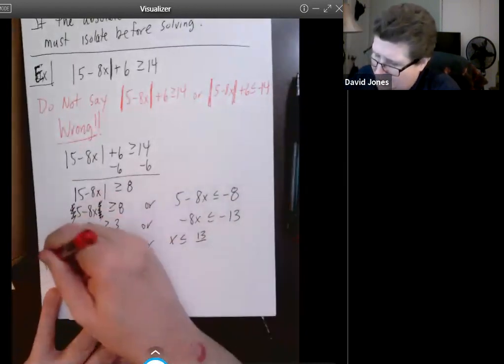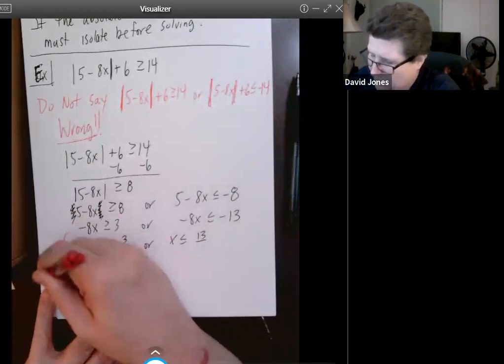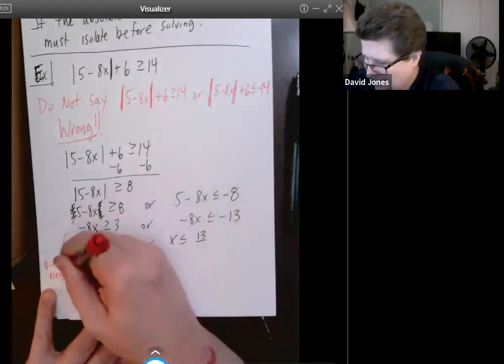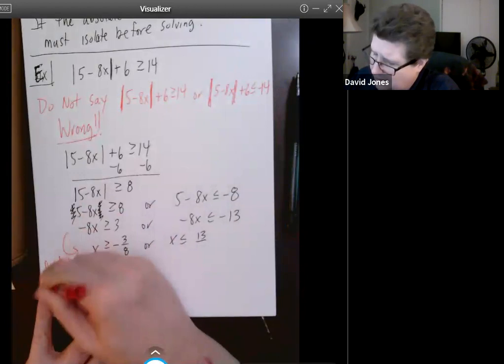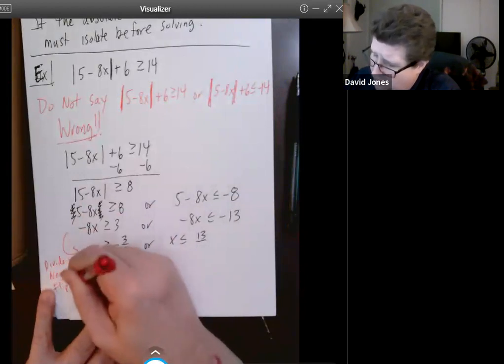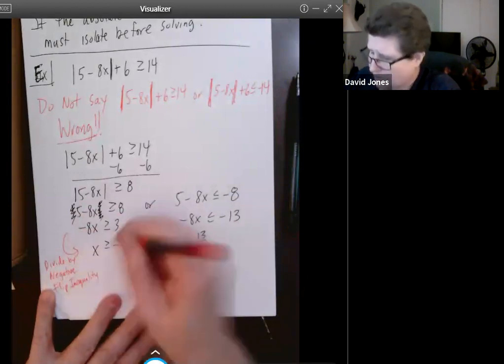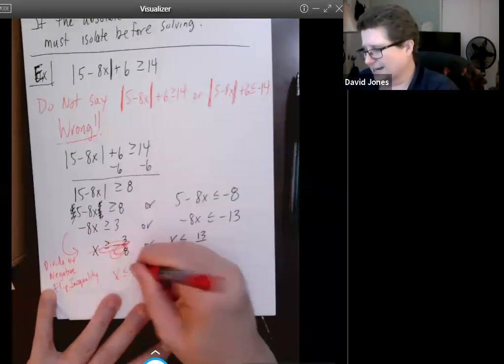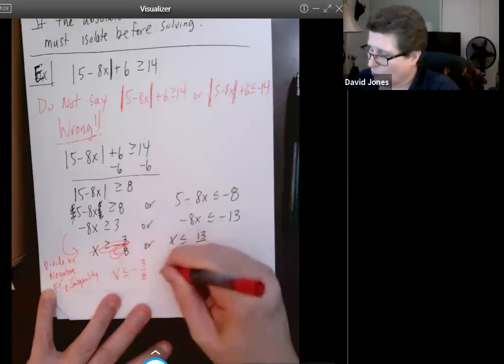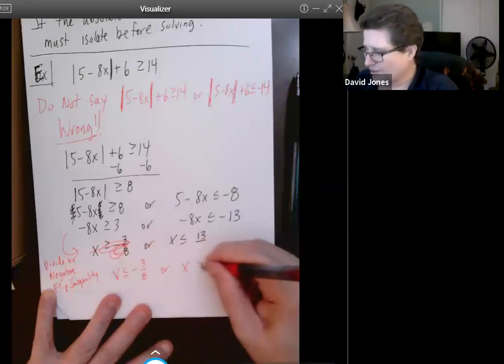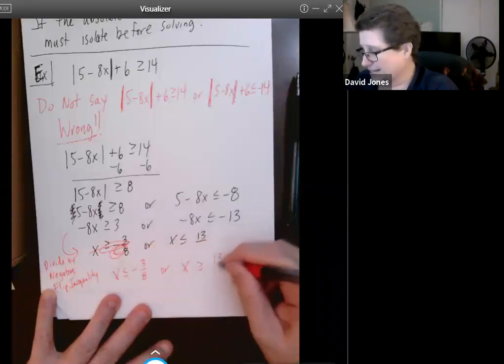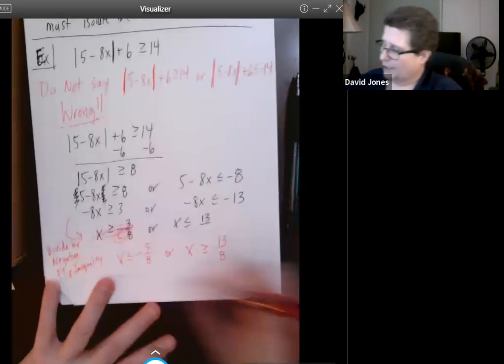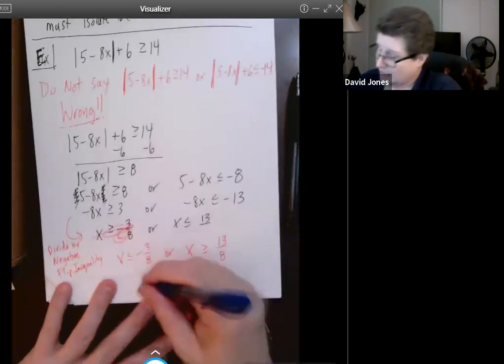I knew that was wrong. Divide by a negative, switch the inequality. That was wrong. Dividing by negative 8 makes it x is less than or equal to negative 3/8, or x is greater than or equal to 13/8. There we go. Now we have two regions.